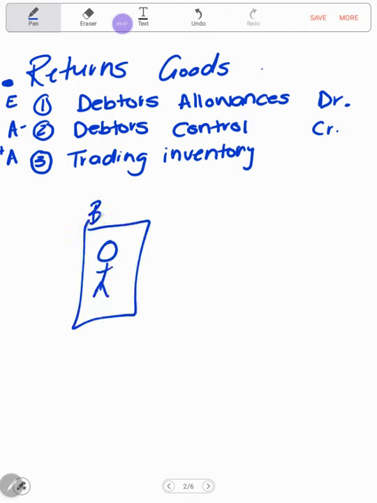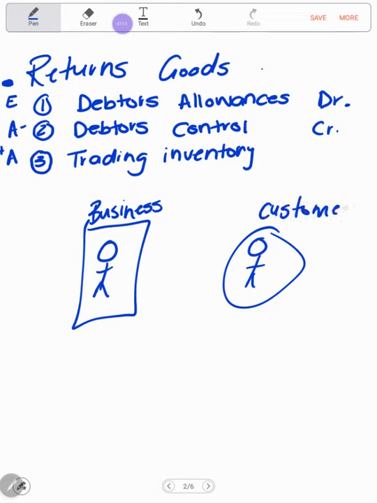So initially, this is the business and this is the customer. The customer is not happy with the goods that we sold, so he returned the goods. Let's say the inventory was sweets, and it wasn't the correct flavor.